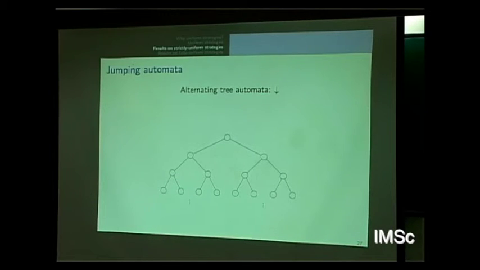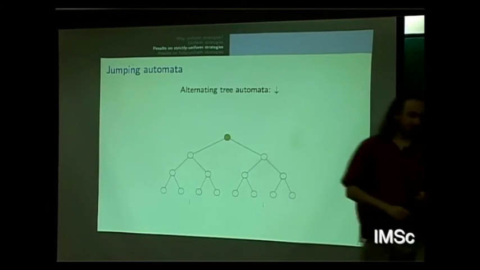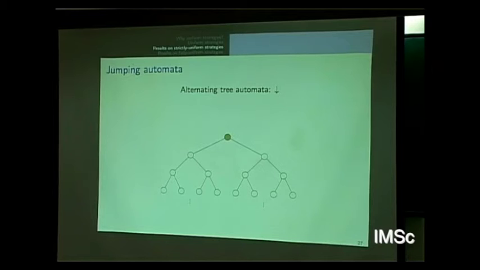Alternating tree automata have an infinite tree as input, and this represents where the automaton is currently. They can send copies of themselves to children of the current node, and they can send different copies of themselves to the same node, etc. So it can only go down. Then you have two-way tree automata that can do the same, but they can also send copies of themselves to the parent node, so they can go back.